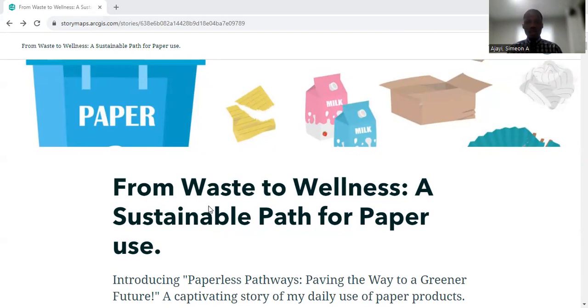I noticed that there could be alternatives, because we use papers for documentation for patients, for clinical notebooks, for patients' documents or clinical case notes. At times I see a bulk of papers being used and some of them wasted, and I noticed this could be a source of environmental pollution and a harmful effect to our environment.